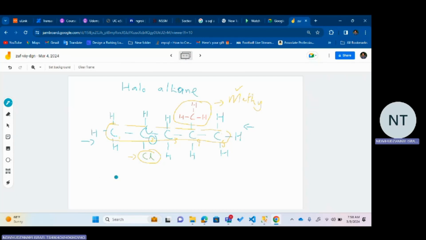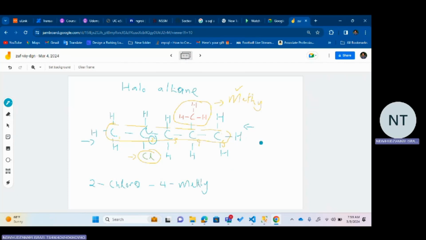What's the position? Because I said everything else outside of the longest chain, we consider it as a side chain, right? So what's the position of Cl? It's in position 2. Then we call it chloro. Do you have any other side chain? Yes, it's a methyl. It's in what position? You see it's in position 4. So it's methyl.